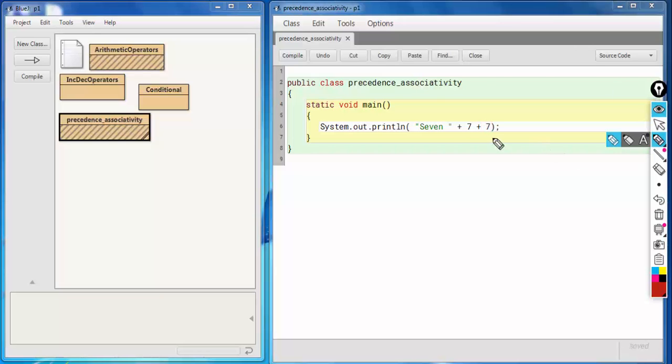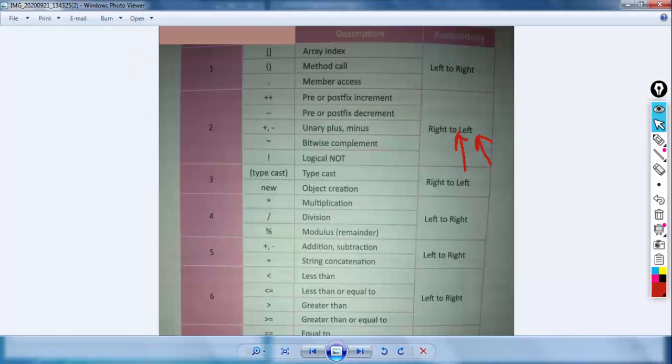So you can see we have got two operators, same operators, that means the same precedence, that means they will have the same priority. So which one will execute first? I've already told you, the one which is coming first from left, isn't it? Because plus has got associativity from left to right, okay?